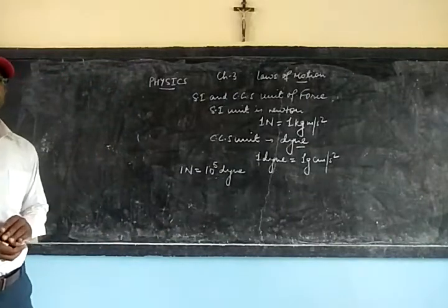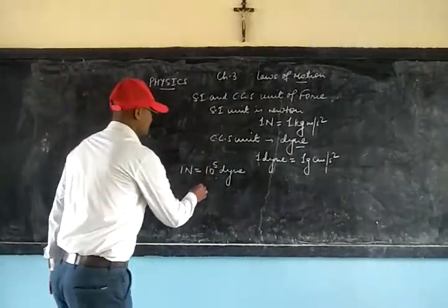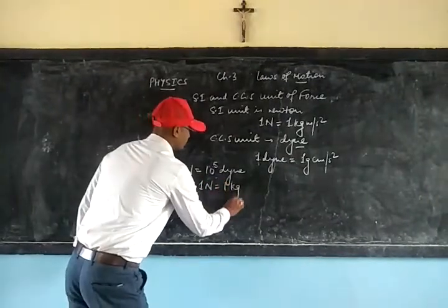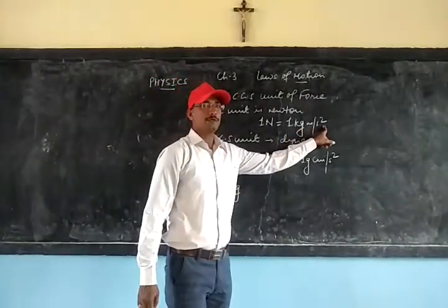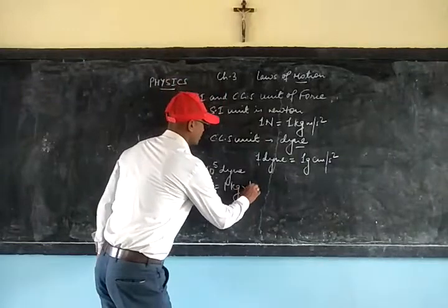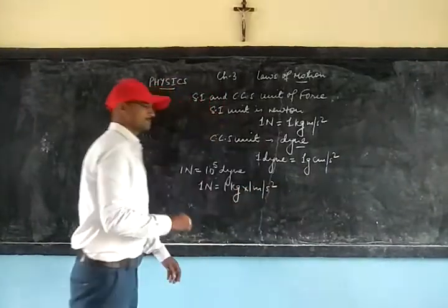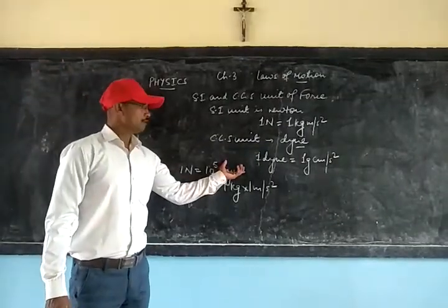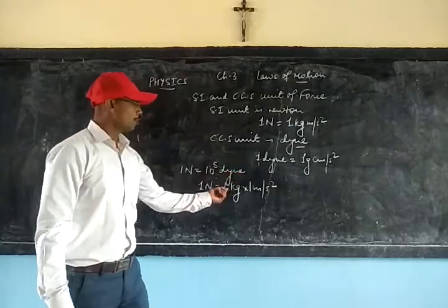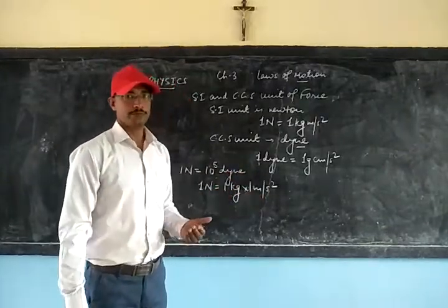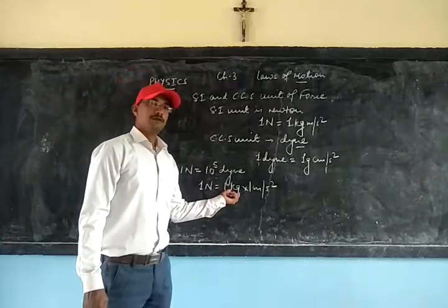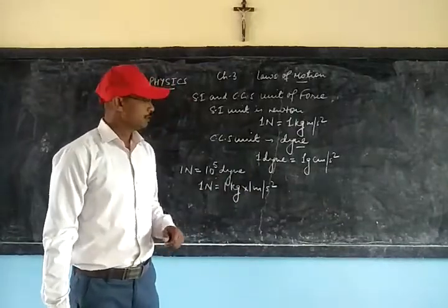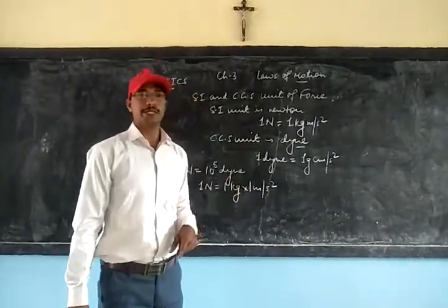How can we obtain this? We can obtain this relation from here, where you know 1 Newton is equal to 1 kilogram meter per second square. Now since we are going to express Newton in dyne, which is the CGS unit, all these units should be converted into CGS units. The SI unit of mass is kilogram, but the CGS unit is gram. In the same way, meter will be changed into centimeter.